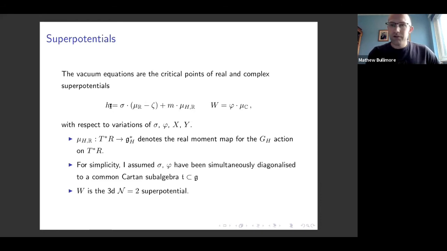In particular, for the real moment map, you're pairing the real scalar in the vector multiplet with the real moment map for the G action. And then there's also a contribution from the real mass, which involves the real moment map, not for the gauge group action, but for the action of the flavor symmetry G Higgs. And the way you build that is in exactly the same way.